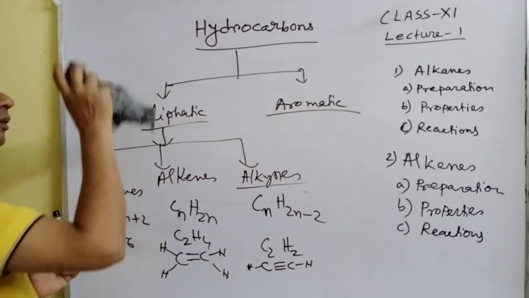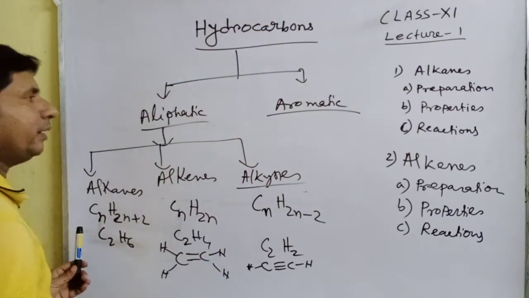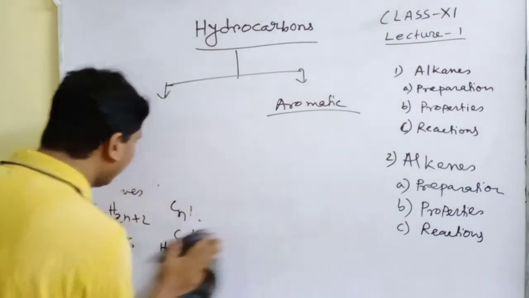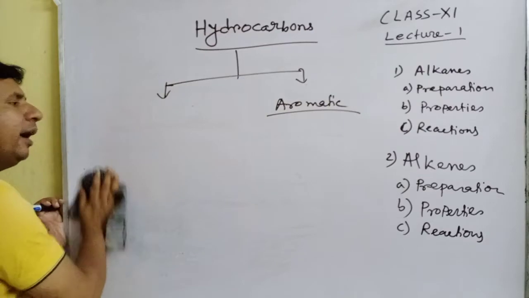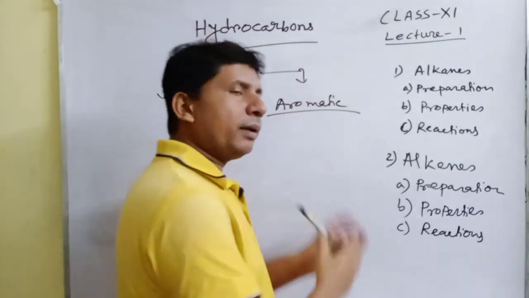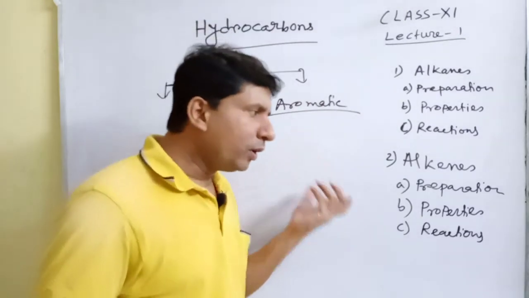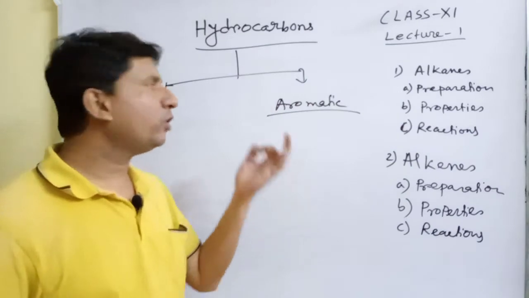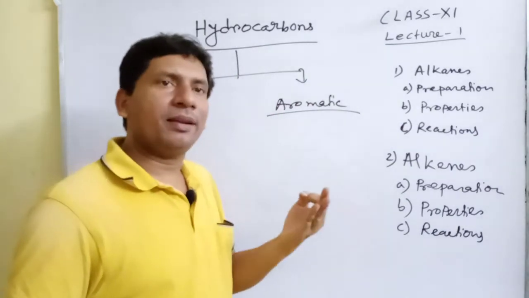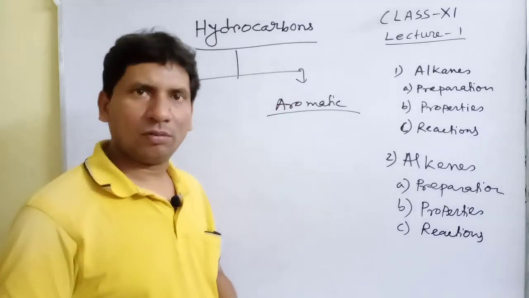So hydrocarbon is aliphatic and aromatic. In aliphatic hydrocarbon there are alkane, alkene and alkyne, and aromatic hydrocarbon is another type which has a characteristic aromaticity. There are so many characters in this type of compound.